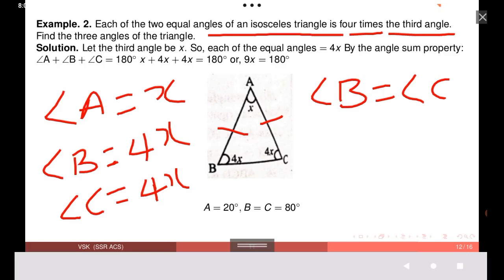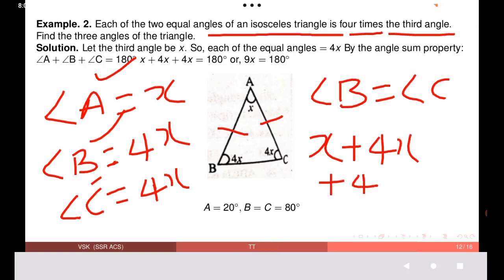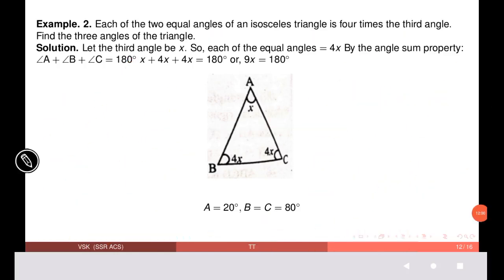And what do we know? The sum of these three angles will be 180. So x plus 4x plus 4x is equal to 180. X plus 4x plus 4x gives 9x. So 9x is equal to 180.